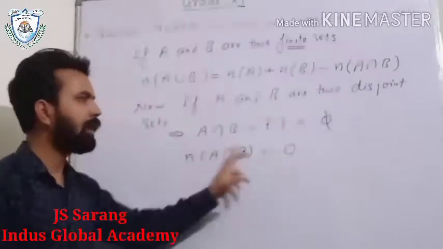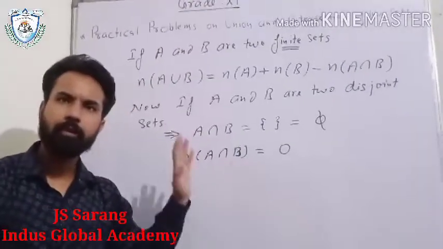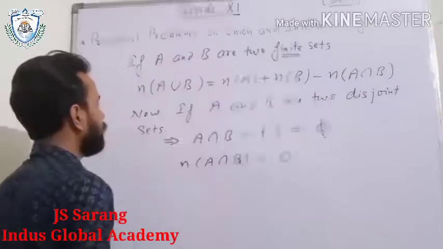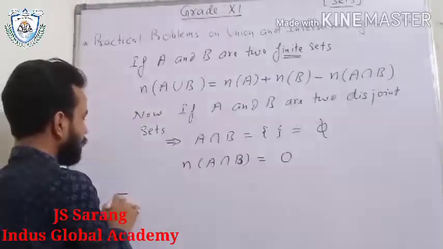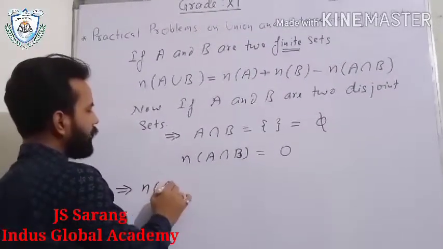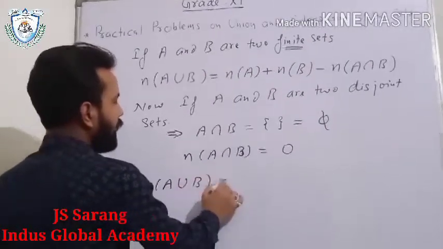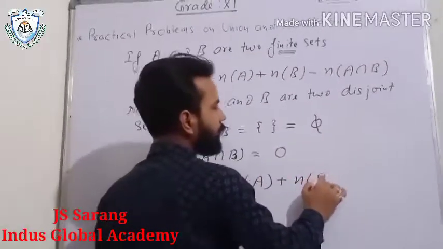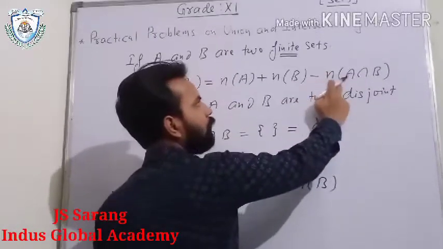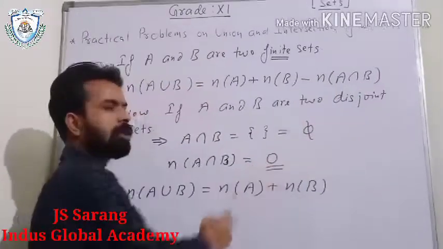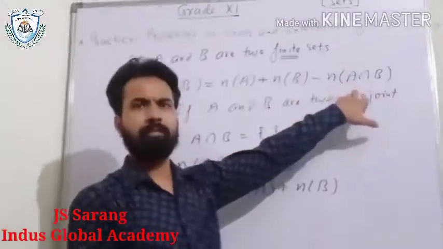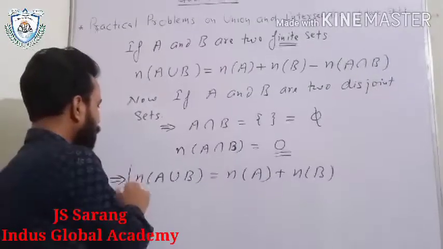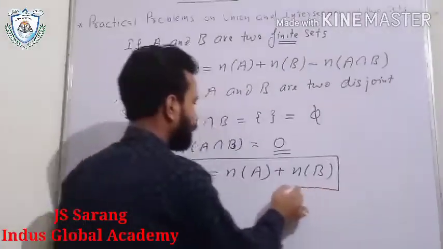If we put this value in the formula, what will we get? The number of elements in A union B is equal to the number of elements in A plus the number of elements in B minus the number of elements in A intersection B, which is 0. So minus 0 means nothing.